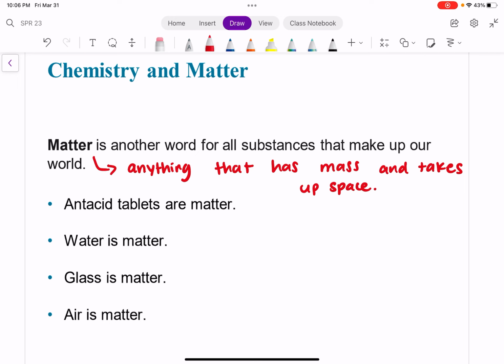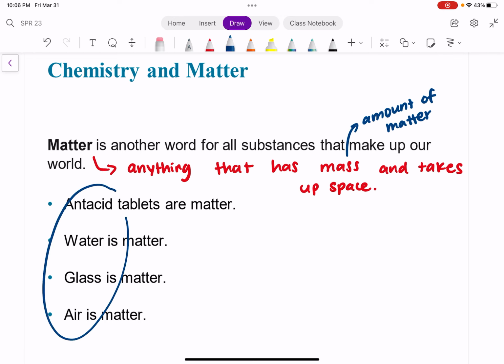And we'll talk a bit more about mass, but you can kind of think of it right now as measuring the amount of matter in a substance. And taking up space is kind of like the volume, right? How much space is that thing taking up? So anything that takes up space and has mass is matter.